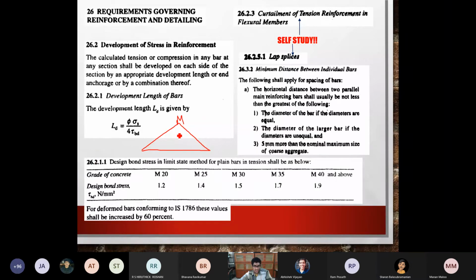At the point of application, where the maximum bending moment is. So if this is my beam, in this region I will have a good amount of bending moment, and in the remaining region my bending moment may be a little bit less. So my design is based on this.